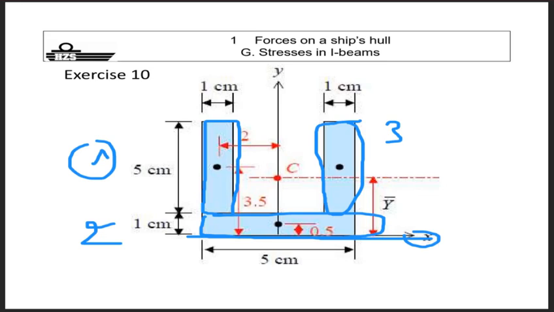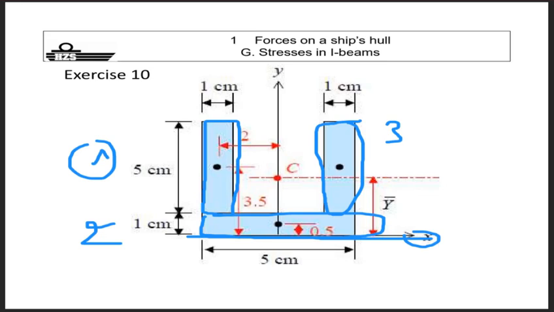How do you calculate it? Your I around x equals the I of element 1, plus the moment of inertia of element 2 individually, plus the moment of inertia of element 3 individually, plus each element has to be corrected.